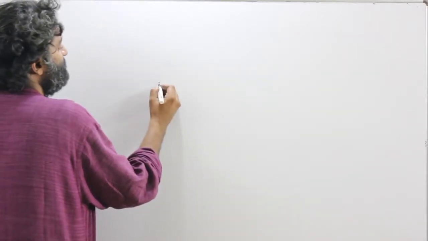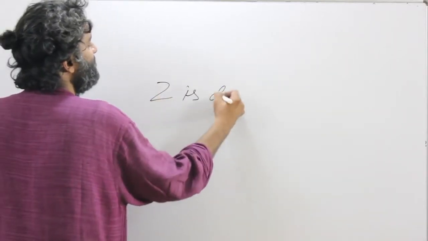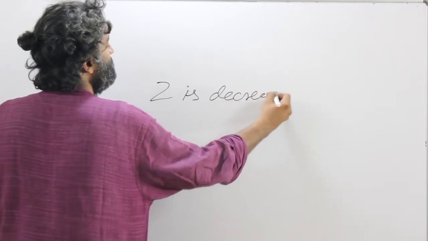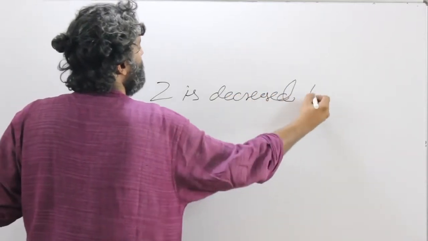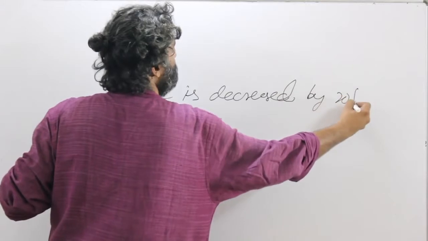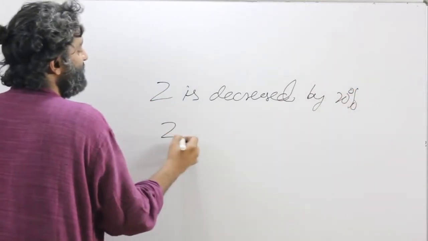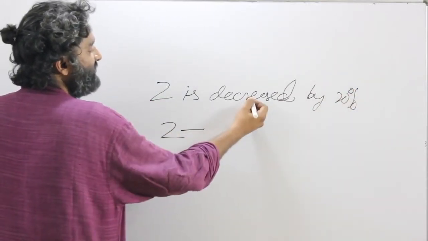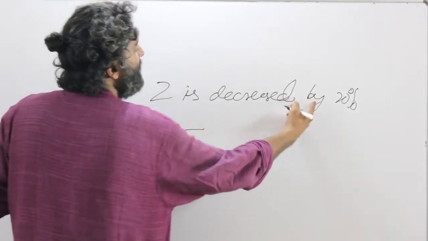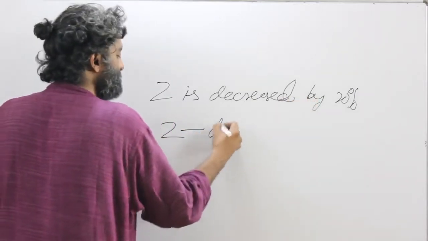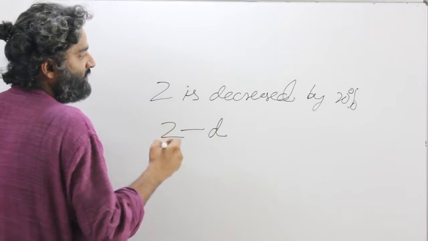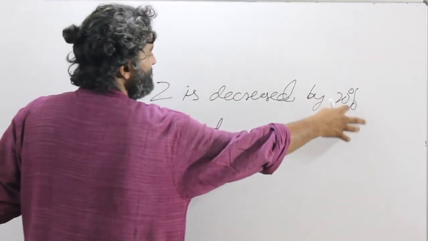Let's say Z is decreased by 20%. Because there is a decrease here, Z minus, by how much? It would be decreased by some decrease amount. But what is that decrease amount? It says 20%.